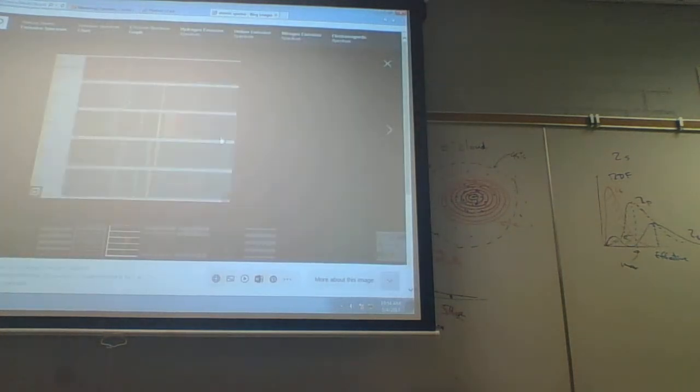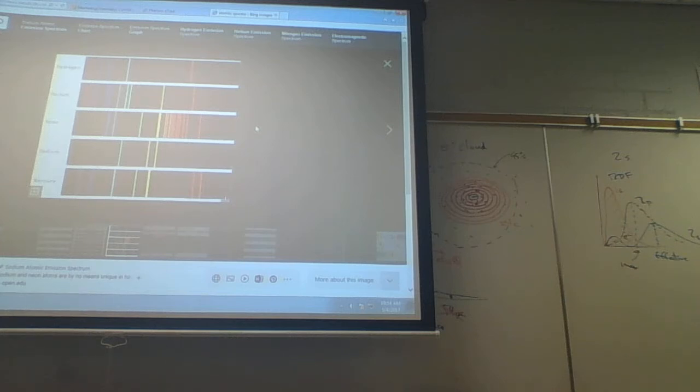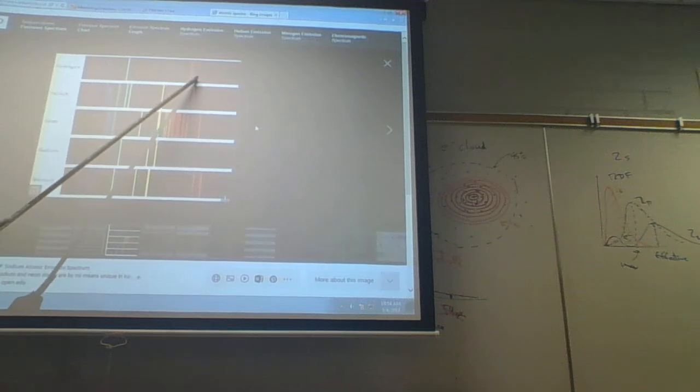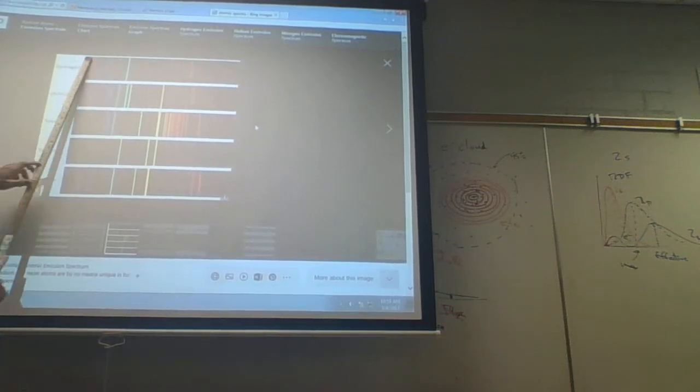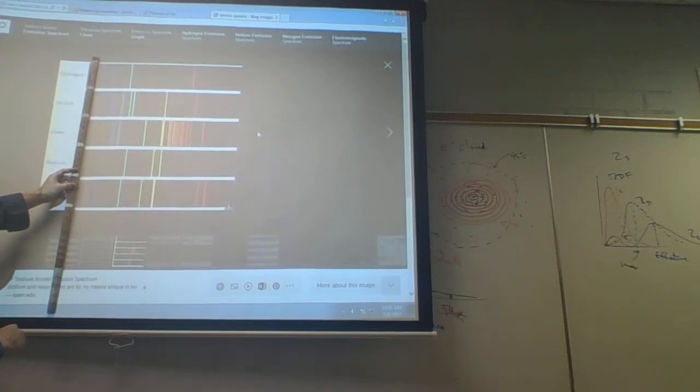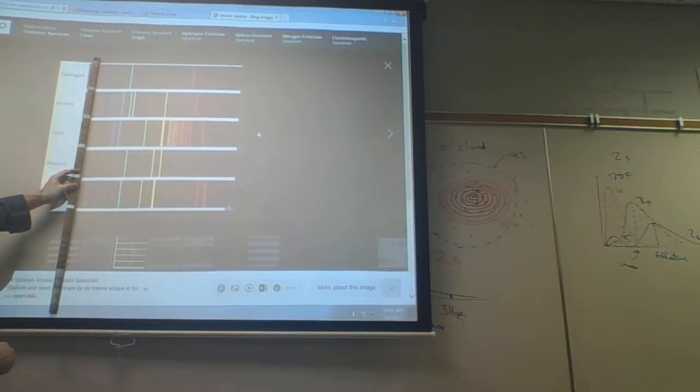There's lots and lots of these. But we see hydrogen here. There's more. They're showing additional lines. These are in the UV. You can't really see them, but the detector can see them, and so they aren't actually violet. These are the ones in the visible part of the spectrum here.